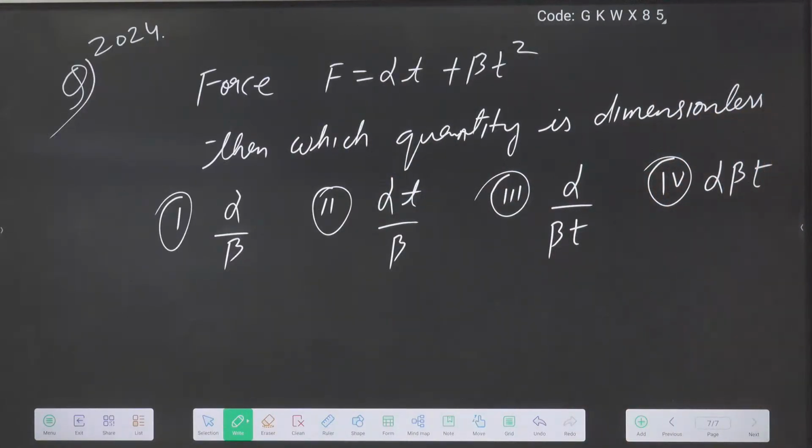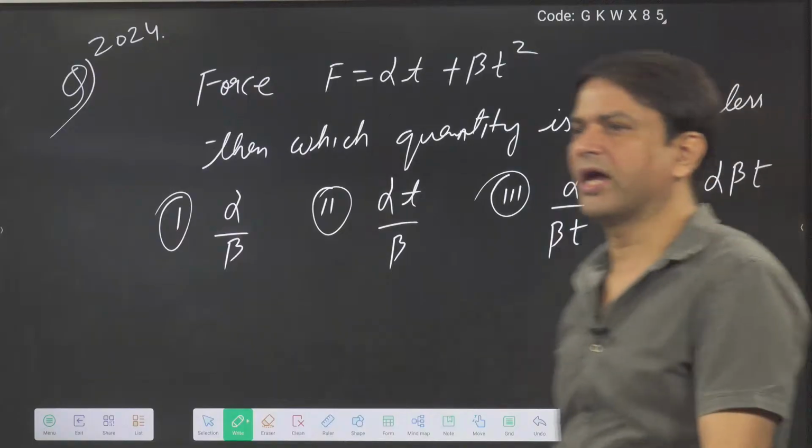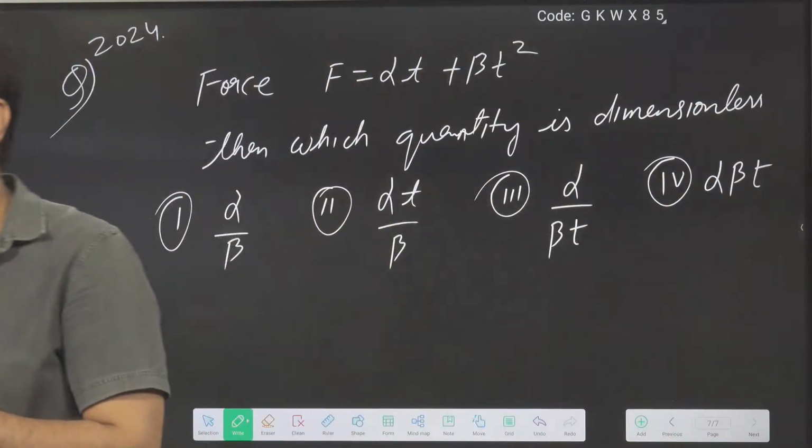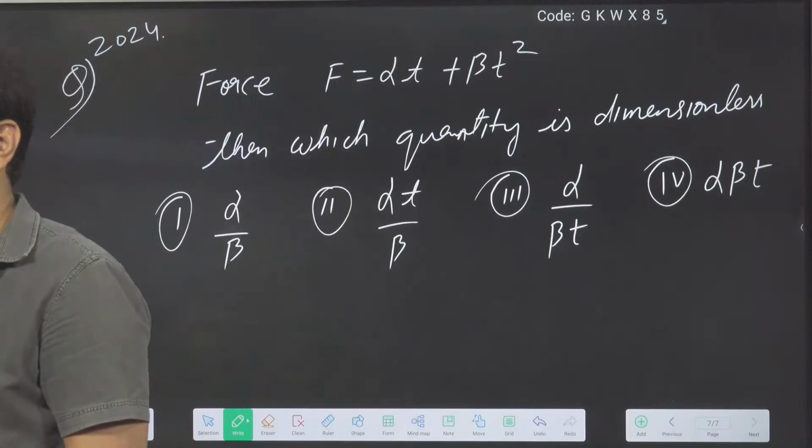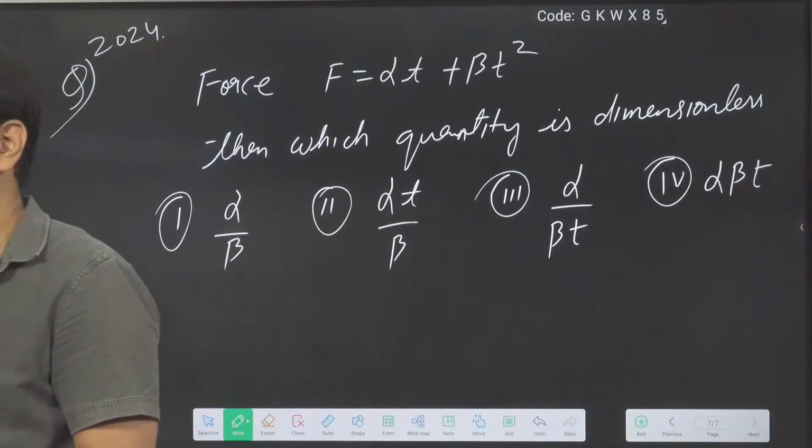Like this, the options were there. So I gave the force F is equal to alpha T plus beta T square, and I'm asking which quantity among the given options is dimensionless.